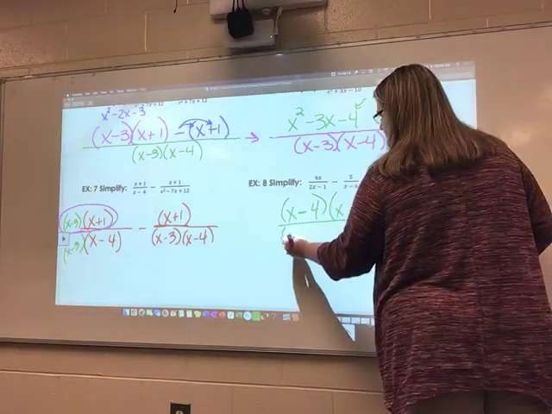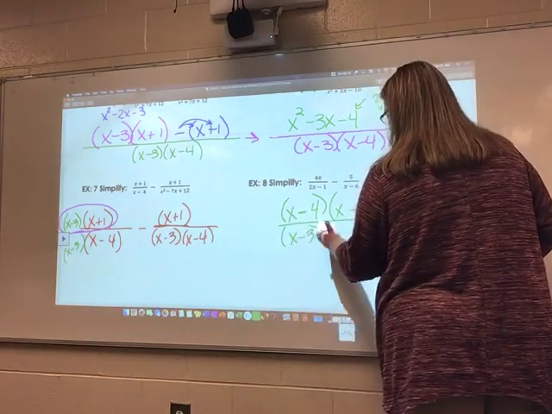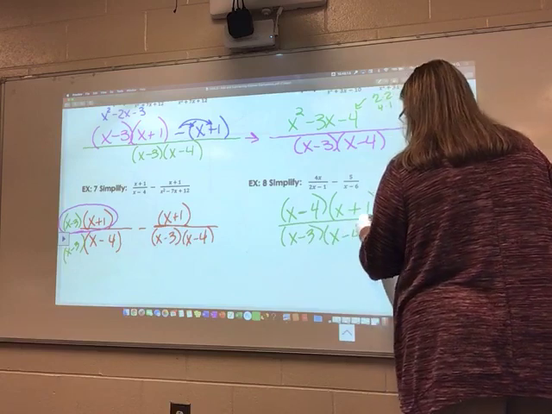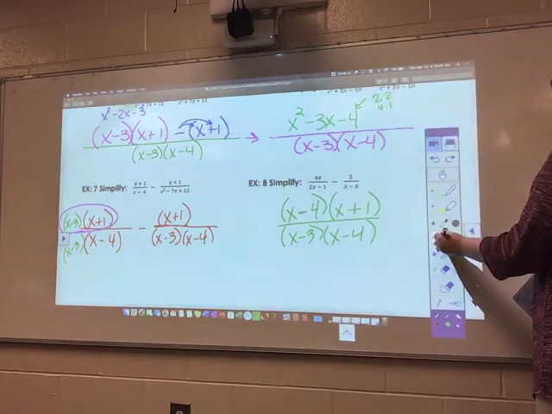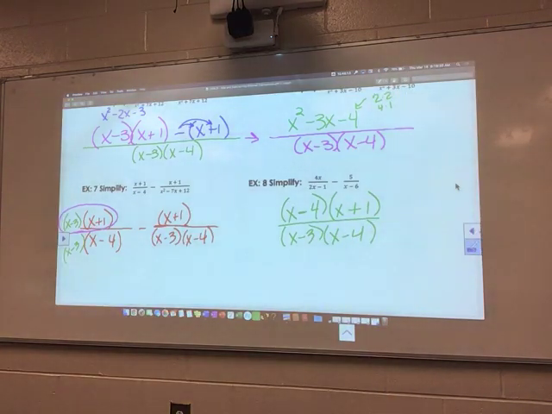Now I'm going to rewrite my denominator. Bring it down. I'm almost done. I've got 2 things to do. What are the 2 things? The x minus 4s are going to go away. What's my other thing I need to do?